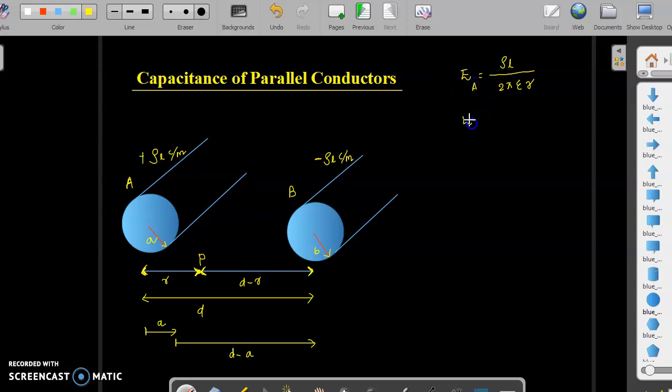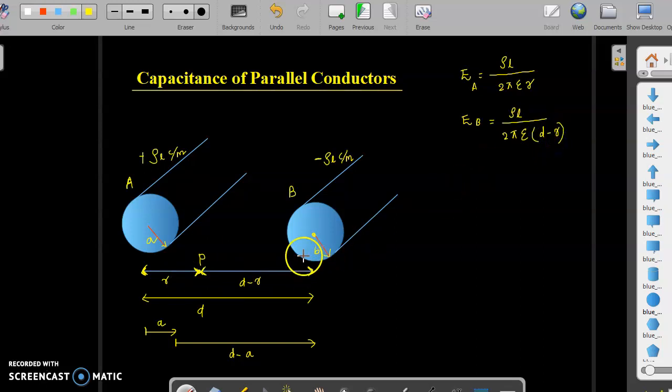Similarly, EB is the electric field intensity at point P due to conductor B, which is rho over 2 pi epsilon, and instead of r, the distance from the center of the conductor to point P is d minus r.